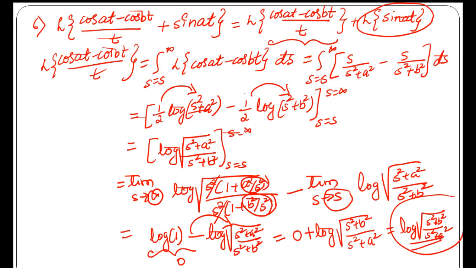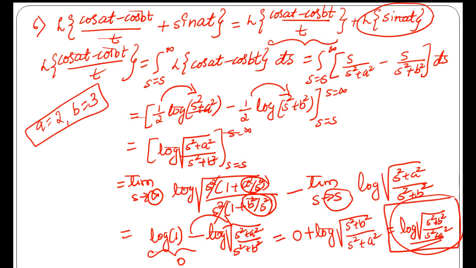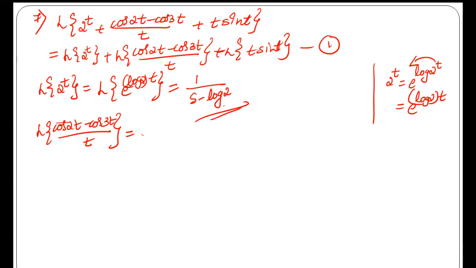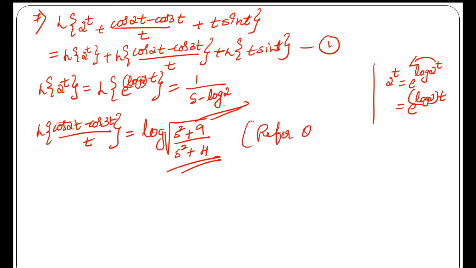We are solving this as in the previous problem, where a is equal to 2 and b is equal to 3. So this is our answer: log of the square root of (s square plus b square) divided by (s square plus a square). Proceeding with the same steps, b square is 3 square, that is 9, and a square is 2 square, that is 4. Okay, we will get this answer. Refer to question number 6, where a is equal to 2 and b is equal to 3.